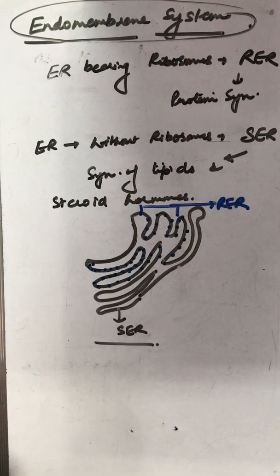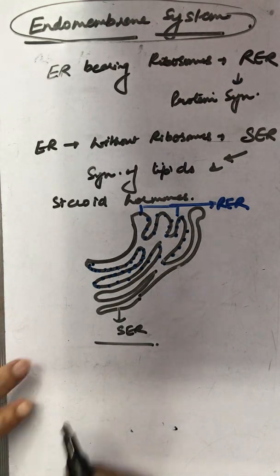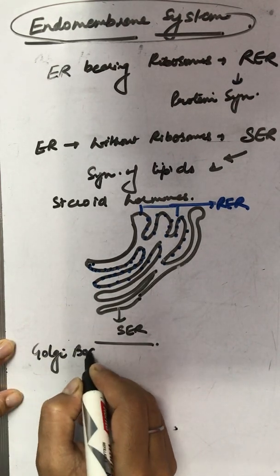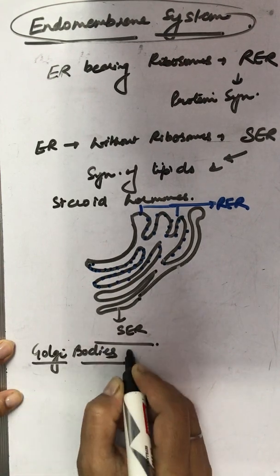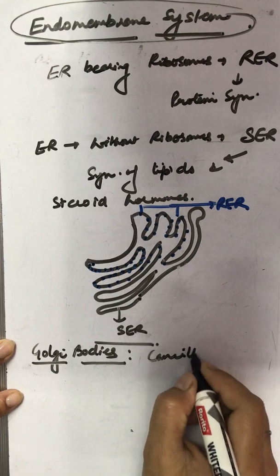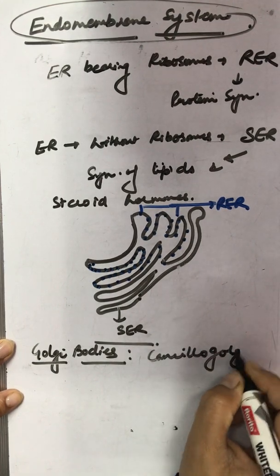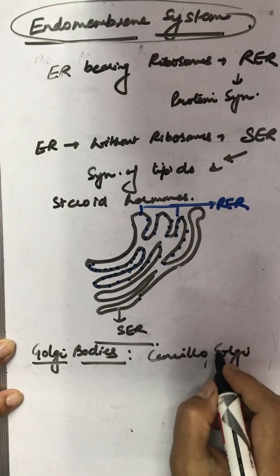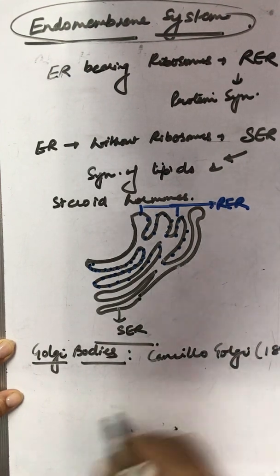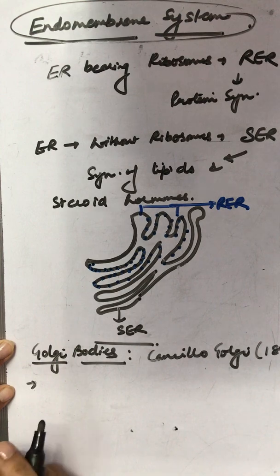Clear? Now moving to Golgi bodies. First observed by Camillo Golgi in the year 1898. What are these made up of?